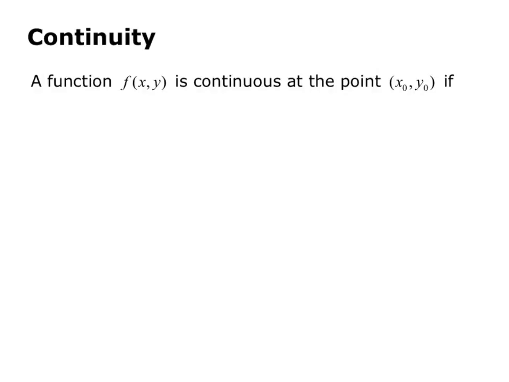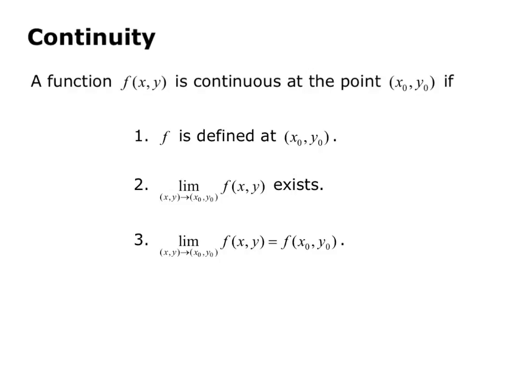So a function f of x, y is continuous at the point x0, y0 if all three of these criteria are satisfied. F is defined at x0, y0, so your function has to be defined at the point.